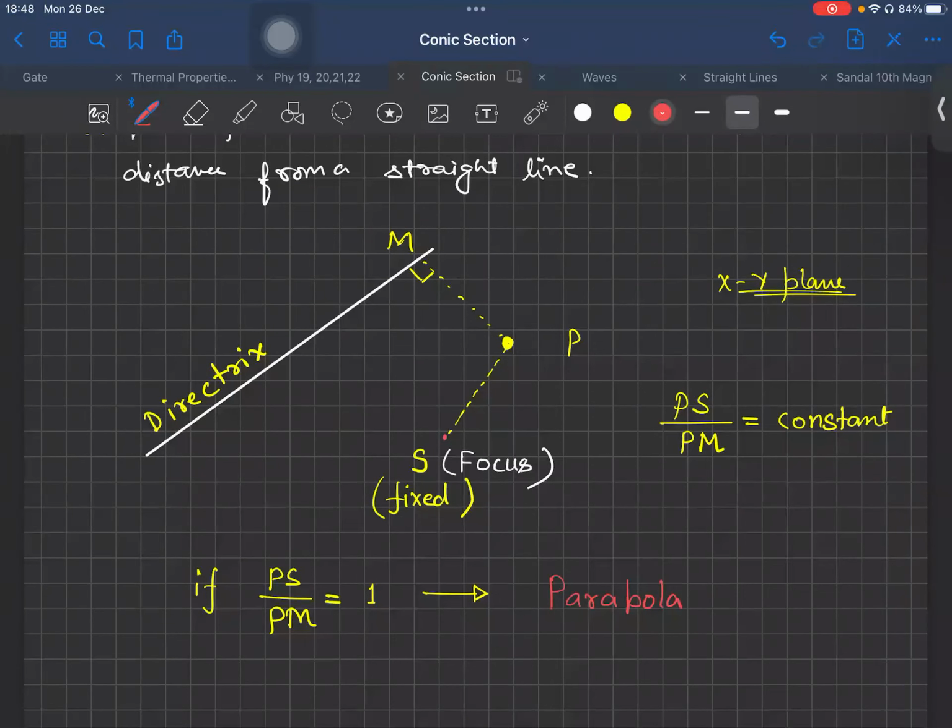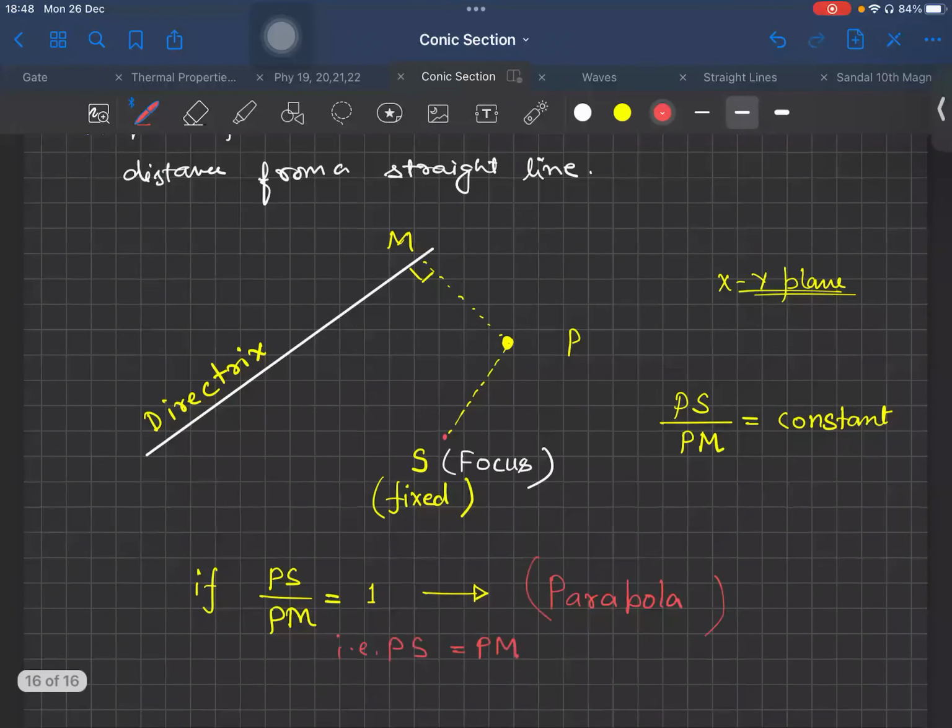Okay, when PS upon PM is equal to 1, that means PS is equal to PM. So whenever this happens, this section will be called parabola. Okay, so for parabola, because 1 is also a constant, right? We know that PS upon PM should be a constant.